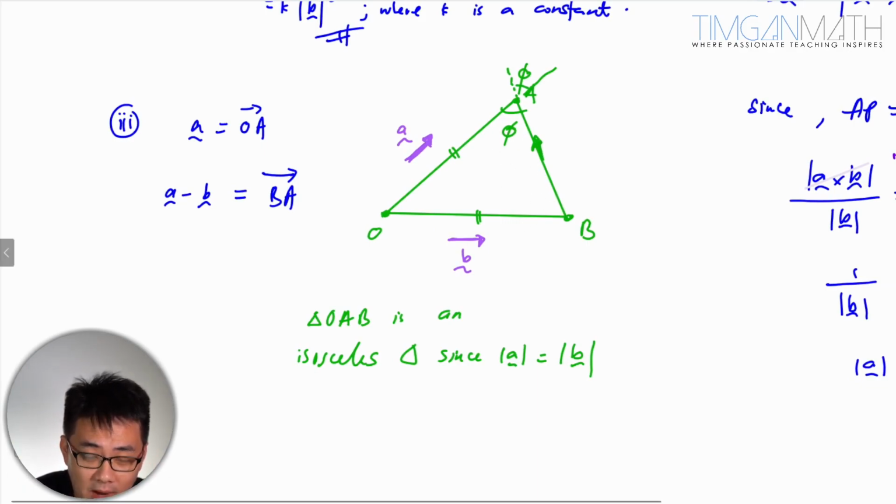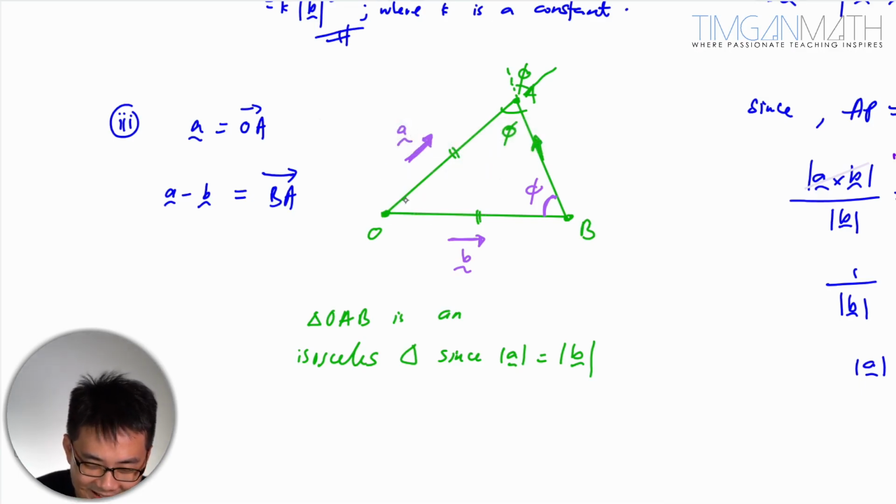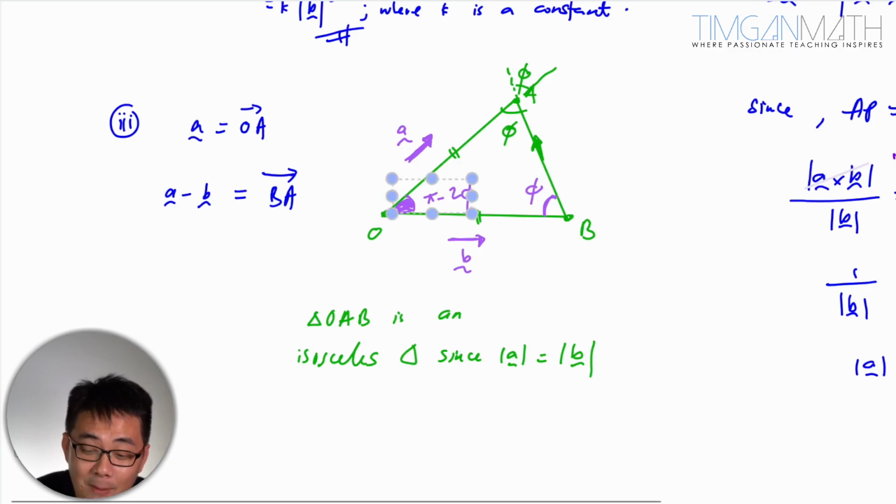This is phi, then we straight away can deduce our very pro one from secondary school. We know this is phi. Of course, this is phi. Then this angle here is actually pi minus 2 phi. Pi is 180, so this angle is pi minus 2 phi.